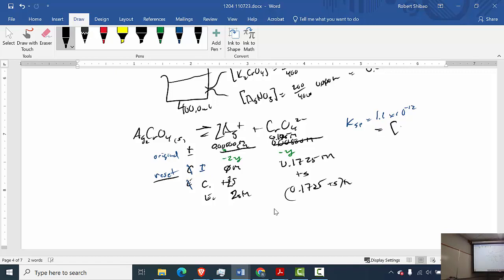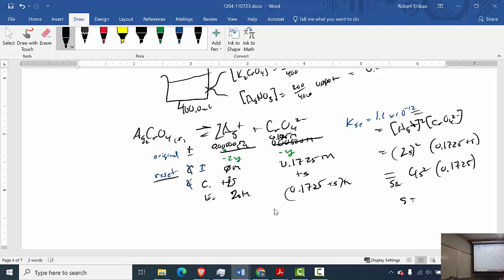And so this is going to equal the silver concentration squared times the chromate concentration. And so the silver concentration squared is going to be 2S quantity squared. Chromate will be 0.1725 plus S. I look at K as so small, I think the simplifying assumption is going to work. So this is going to be 4S squared times 0.1725.